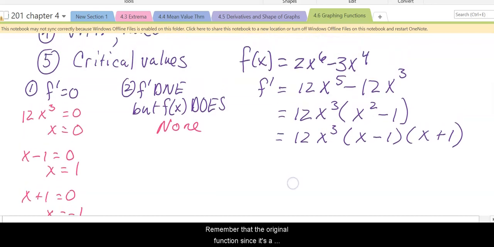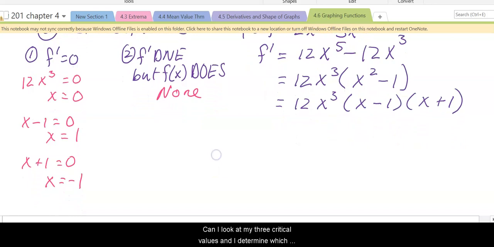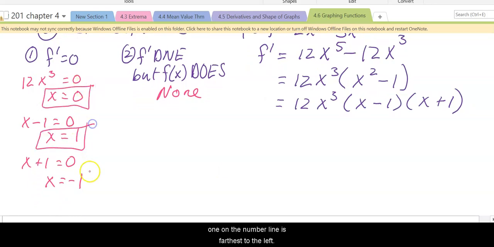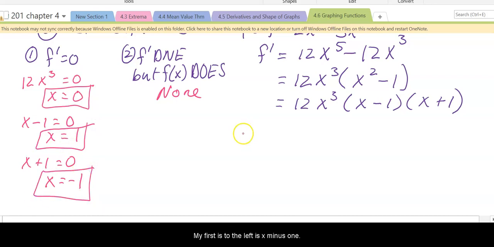Remember that the original function, since it's a polynomial, has domain of all reals. Then I look at my three critical values and I determine which one on the number line is furthest to the left. My furthest to the left is x equals -1.